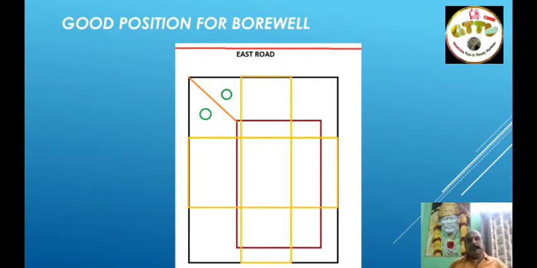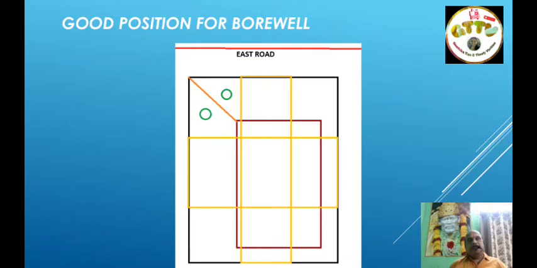Now, where is the good position for a bore well? So everyone will say the position for a bore well or water element is the northeast corner. What is the northeast corner? The corner which is adjacent to north and east, or the joining of these two compound walls, is the northeast corner. So now here you are not supposed to have the borewell exactly in the northeast corner.